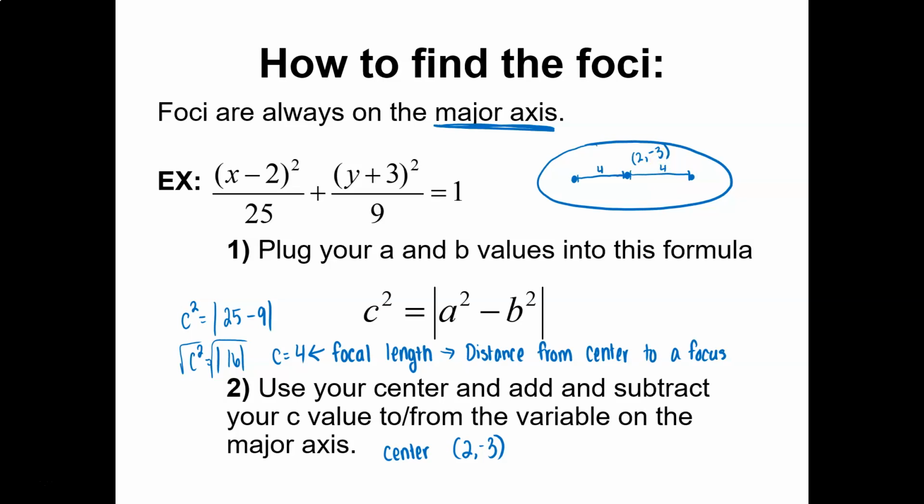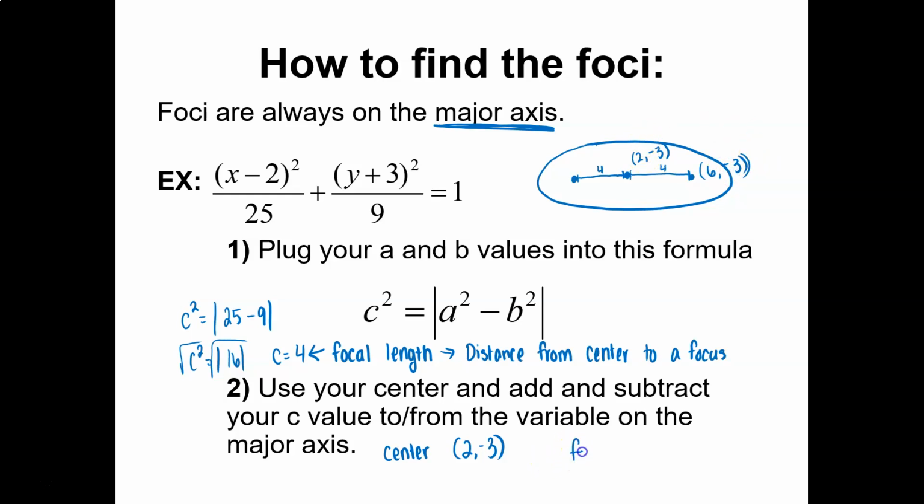If I'm looking for the point over here on the right, what would I have to do to that point? Add 4 to which coordinate? The x coordinate, because I'm moving to the left or right. So this would be at the point 6, -3. I'll just be adding 4 to my x coordinate.